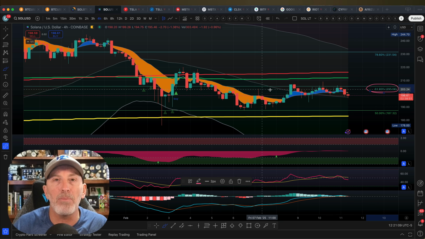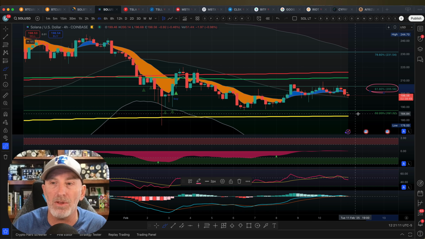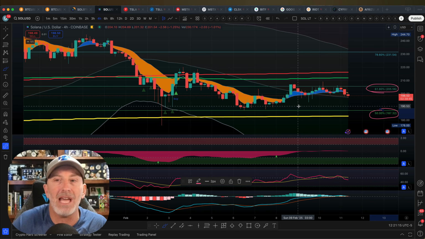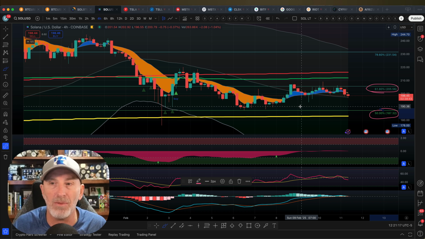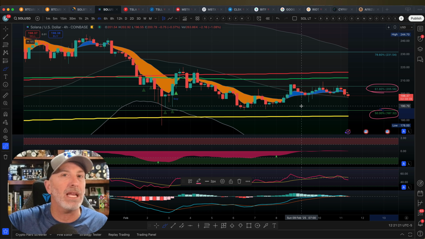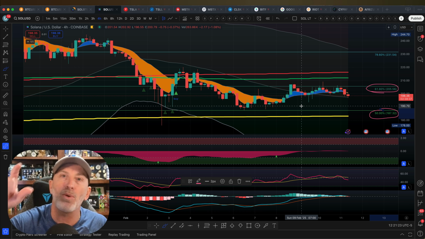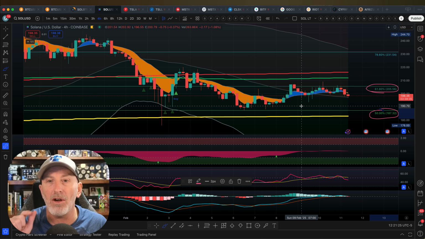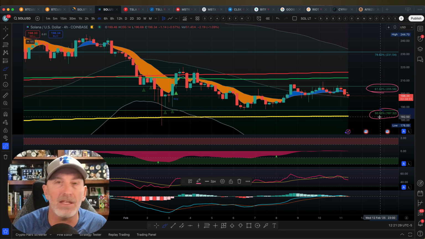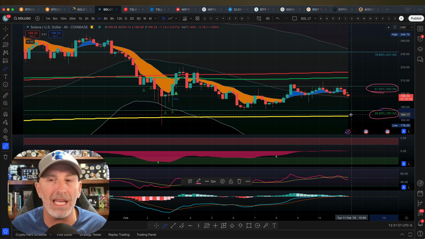That's been the upper bound for the last week or so. The lower bound has been the 50% Fibonacci level, which is down at around 187. So basically, ping-ponging between 185 and 205, a $20 range that we've been in over the last week. We've got support again down at this 50% level, right around 187.